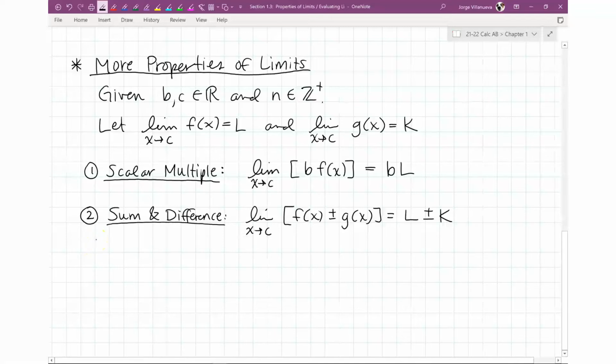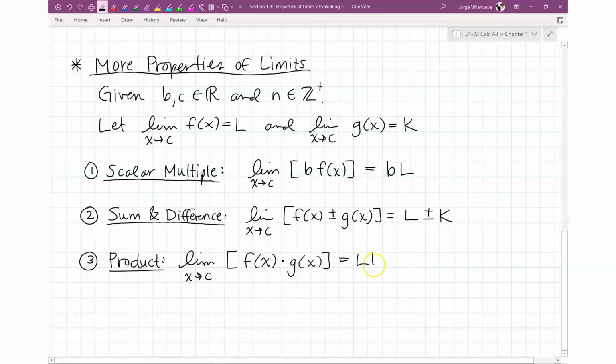We have a product and a quotient as well, so let's do the product one. So the product says that the limit as x goes to c of f of x times g of x is L times k. We have a quotient.